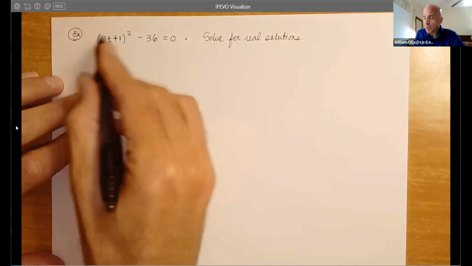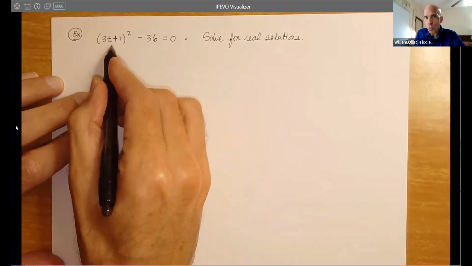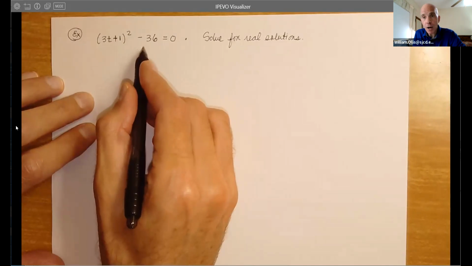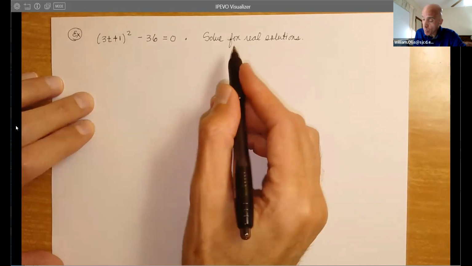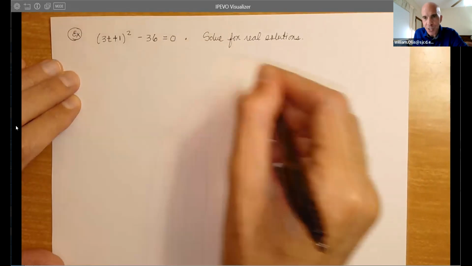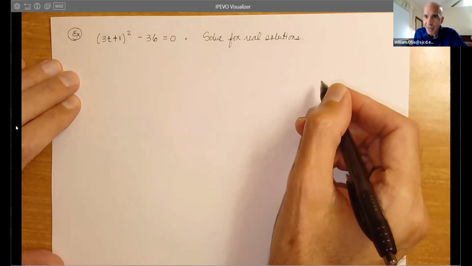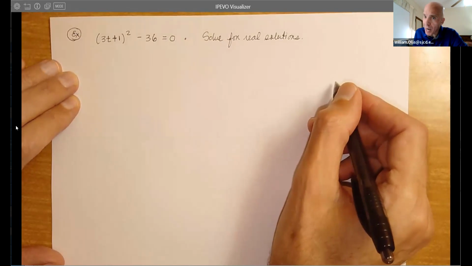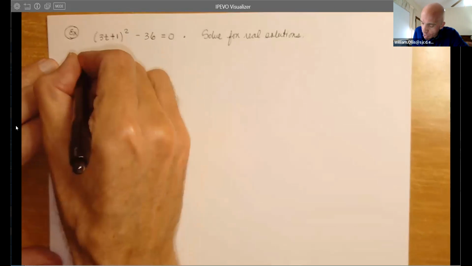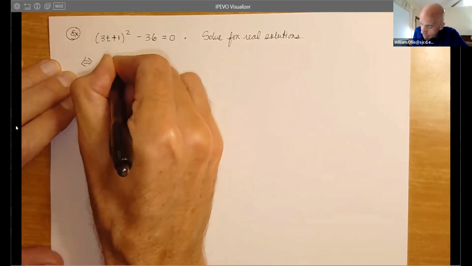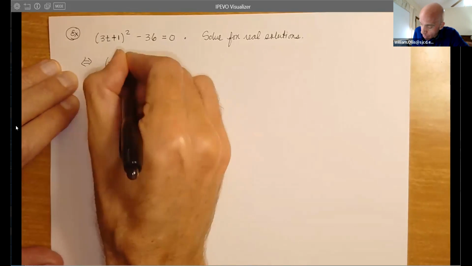Now, when you look at this, you have an expression squared and you have a real number, but it is not in the form of the theorem. So the first thing we want to do is, and when you solve an equation, you're actually doing a proof. I don't think students say they don't like proofs, but every time you solve an equation, you're actually doing a proof. So now we're going to say equivalently, we have (3t + 1) quantity squared.